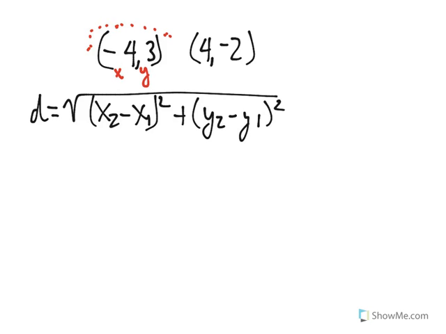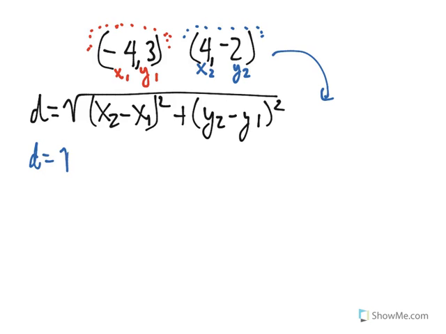So because this is my first ordered pair, I'm going to call this x1, y1. This is my second ordered pair, so I'm going to call this x and y because all ordered pairs have an x number and a y number. This is x2, y2.